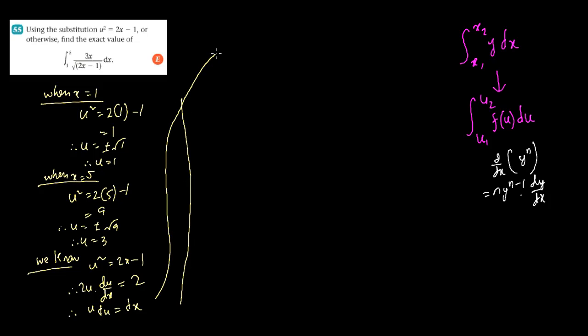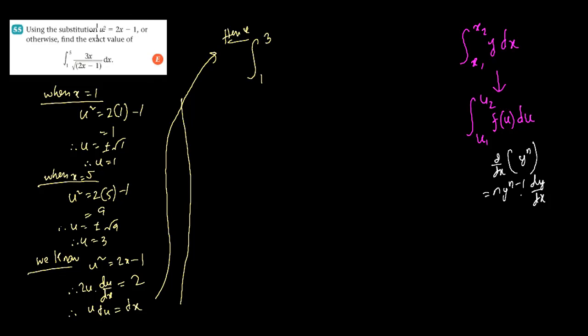Now the substitution is complete, so hence in the integration, the lower limit is going to be 1 and the upper limit is going to be 3. Dx is good, but before dx we have to substitute x. Now this can be done by sending this minus 1 to that side.